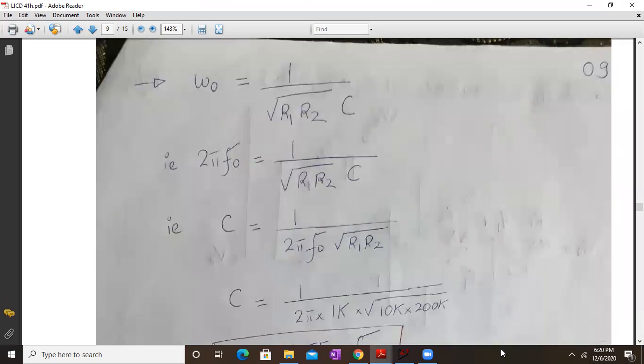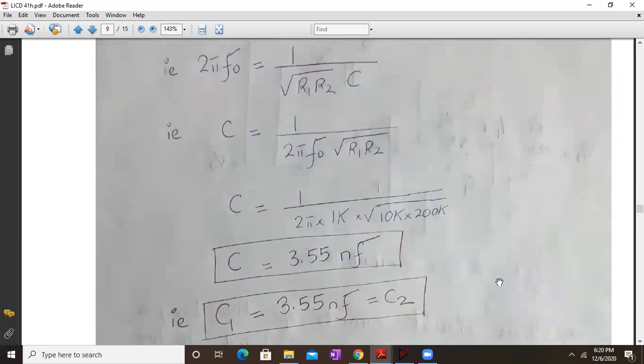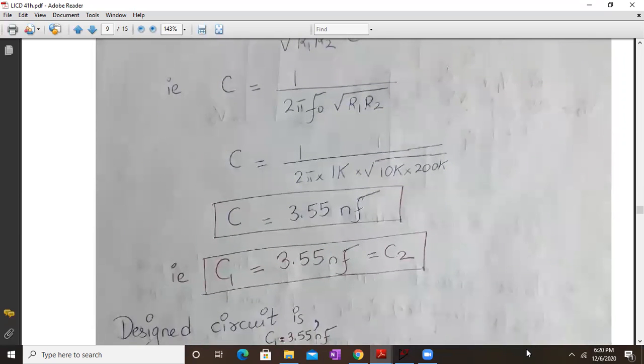Next, omega naught is given by the formula 1 upon square root of R1 into R2 into C. So that will be 2 pi f equal to 1 upon square root of R1 into R2 into C. The R1 and R2 values are known to us, and f naught is known. After calculation, the C value comes out to be 3.55 nanofarad.